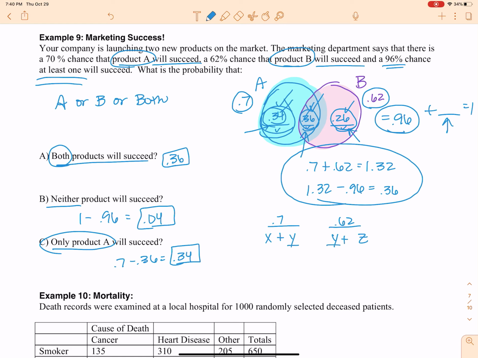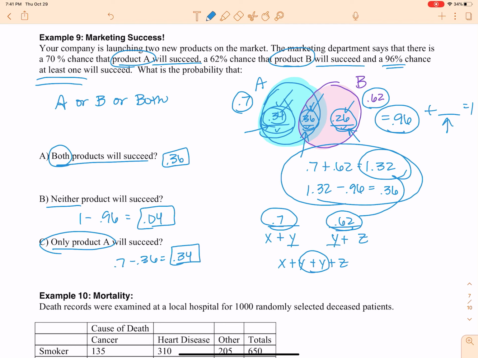That is why when I add these two together and get this number of 1.32, what I'm essentially doing is taking x plus y plus z. See, the y's getting counted twice. That's why we have overlap.